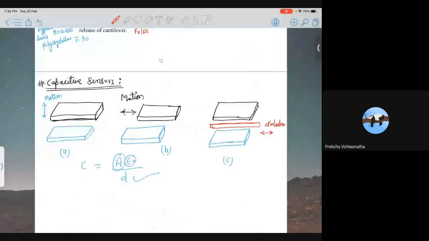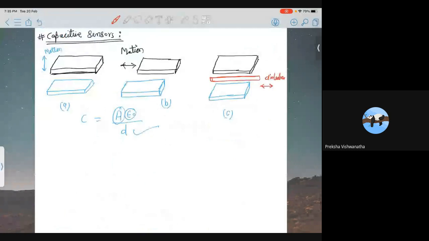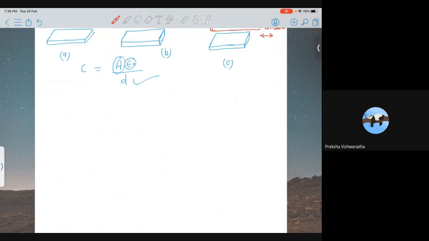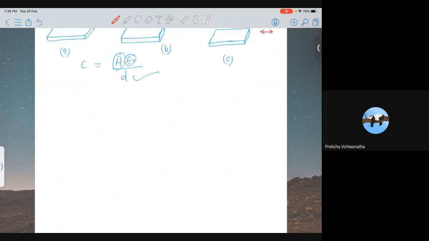Now I'm going towards a spring mass system. So suppose we learn how to calculate the stability for accelerometers.